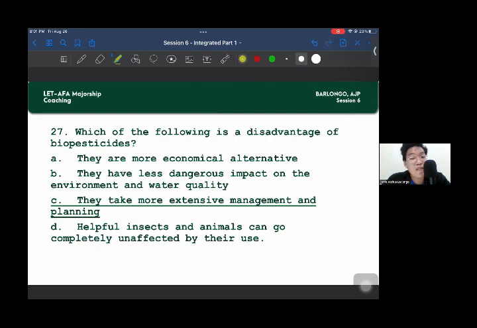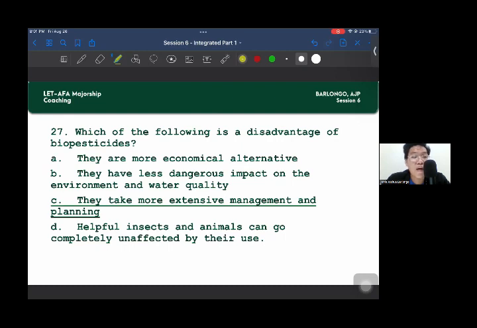Kasi kapag chemical pesticides, syempre sabi ko nga, strong yun. So, some fumes or some particles ng ating mga chemical pesticide might be harmful not only for the pests but even non-target organisms. Sabi ko nga, isa to sa mga issues that is being tackled in our law subject sa agriculture.